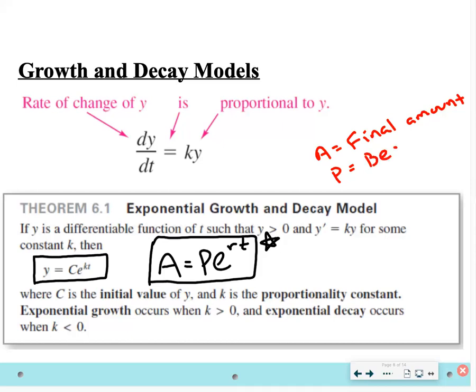P is like your beginning amount, final amount, beginning amount. R is your rate. And T is your time.